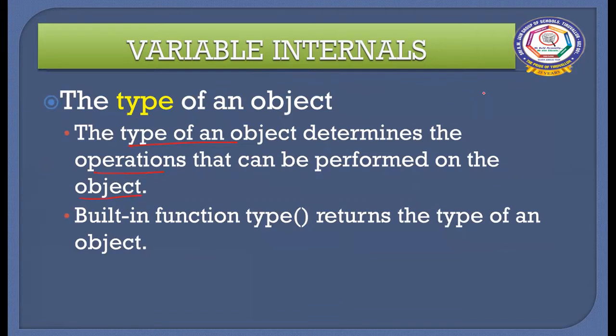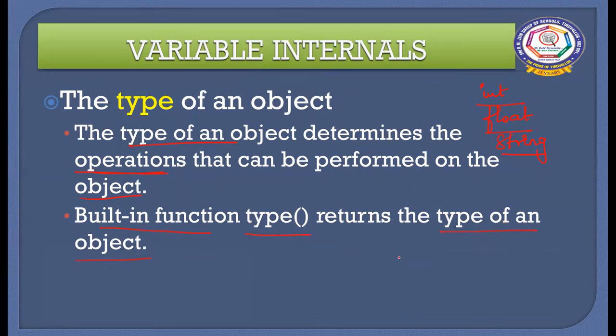It may be an integer type, or a float type, or a string. Based on the type of value, the operations can be performed accordingly. The built-in function type returns the type of an object.